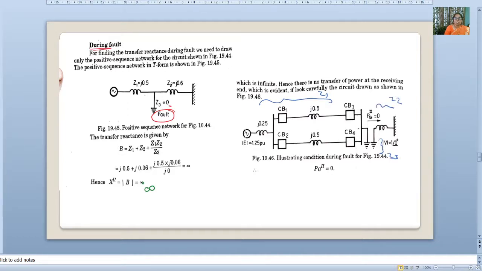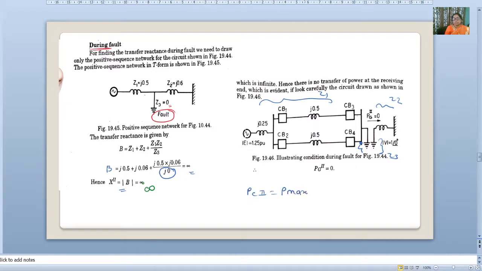In this case we have considered the fault here, so this part will be Z3, which will be 0. If this is 0, then this transfer reactance X2 will be infinite. What is the equation of P2?